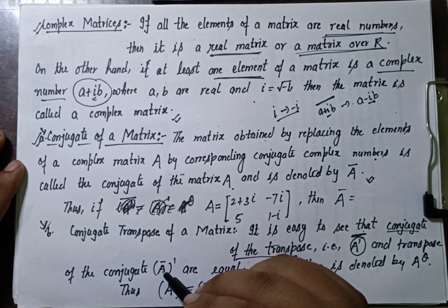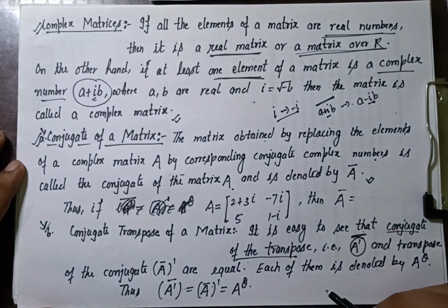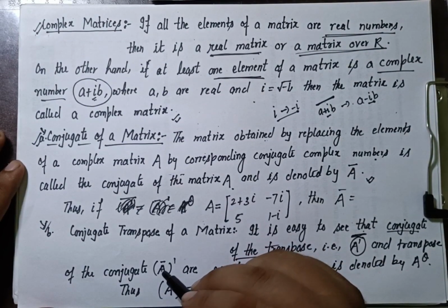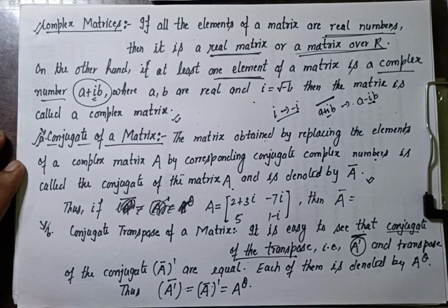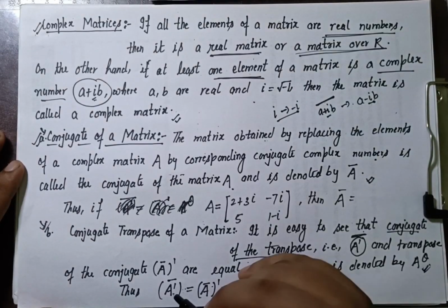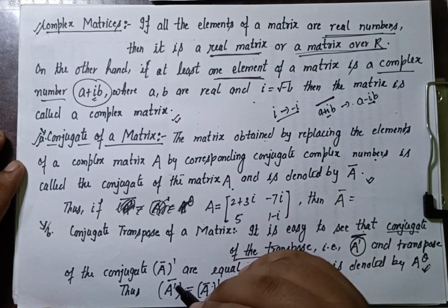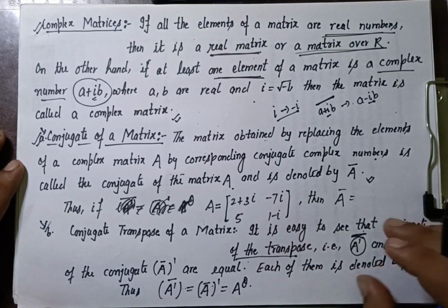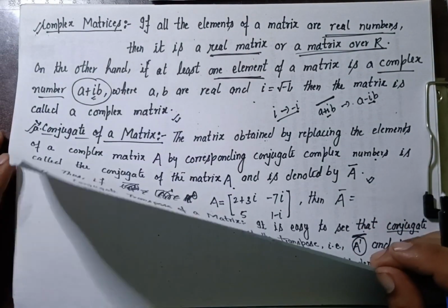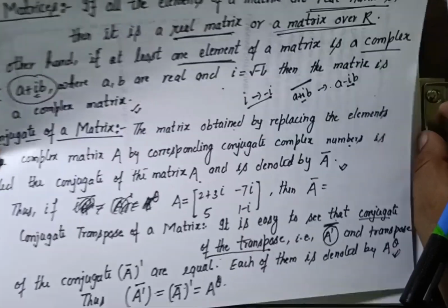First take the transpose of the matrix, denoted by A transpose, then take its conjugate. And for the transpose of the conjugate, first take the conjugate of the matrix, then take its transpose. They are equal. Each of them is denoted by A to the power theta, meaning transpose conjugate equals conjugate transpose equals A to the power theta. Okay, so these are very simple explanations.